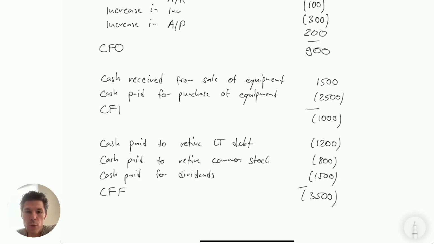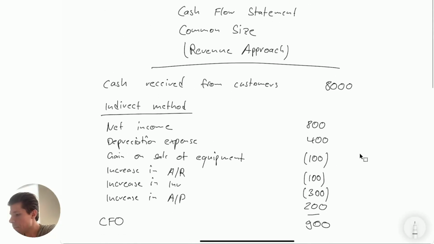So what it usually says in the net revenue approach, and you see many times we talk about net revenue, equals cash received from customers. So what we are doing in this example is stating every single item as a percentage of cash received from customers.